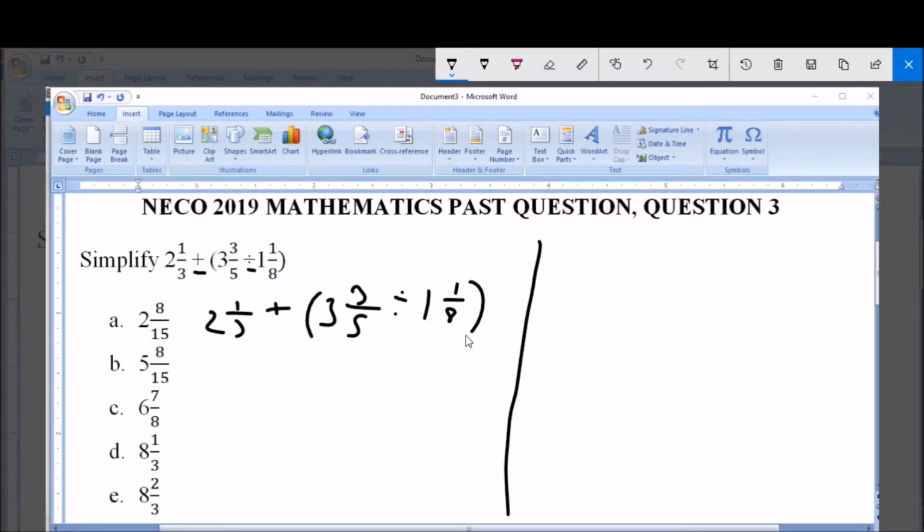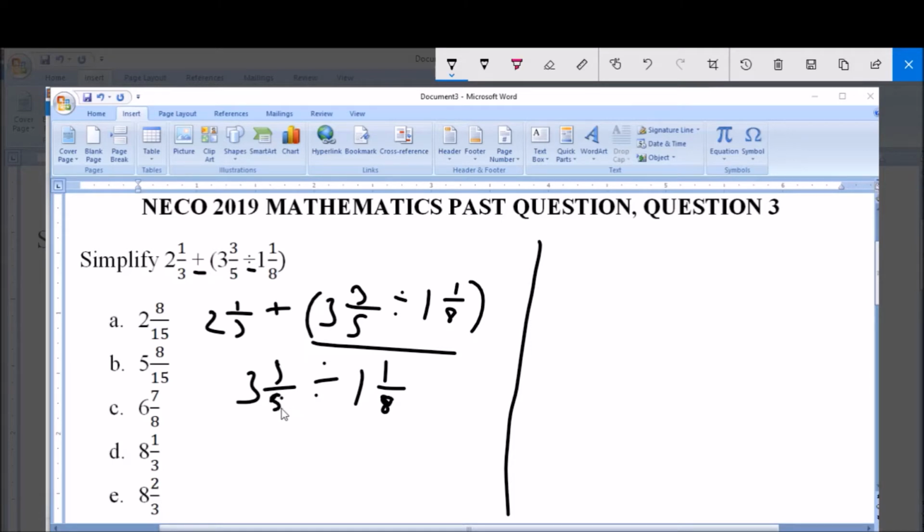Now let's deal with the brackets first of all. In the bracket we have 3 whole number 3 over 5 divided by 1 whole number 1 over 8. Now these numbers are in mixed numbers, and for us to continue with any calculation, we have to convert them to improper fractions. By converting to improper fractions, we multiply the whole number by the denominator and add it to the numerator.